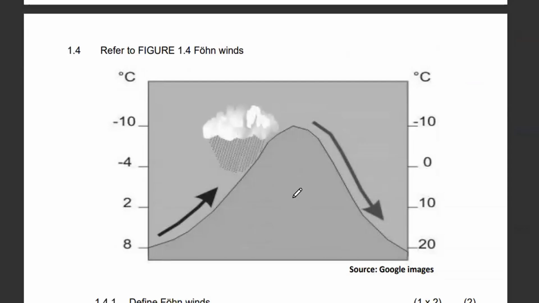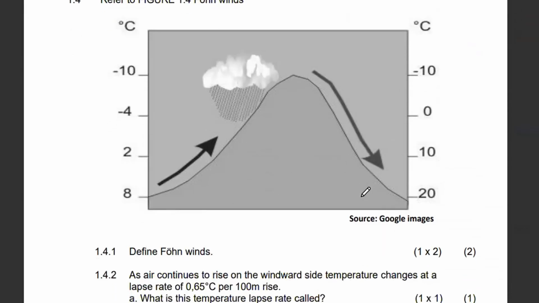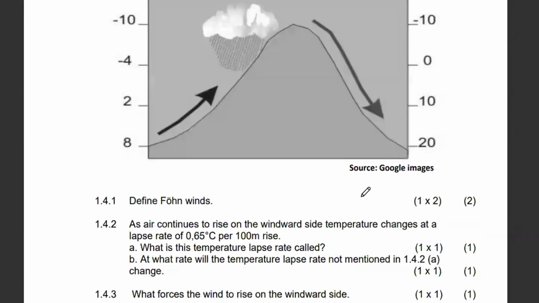Right, refer to figure 1.4, which shows foehn winds. Define foehn winds. Right, when I'm defining this, we must address the basics. Like, what kind of a wind is it? It's a hot, dry wind. And remember, this is a hot, dry wind which is also regional. Which areas does it affect? It affects Central Europe.